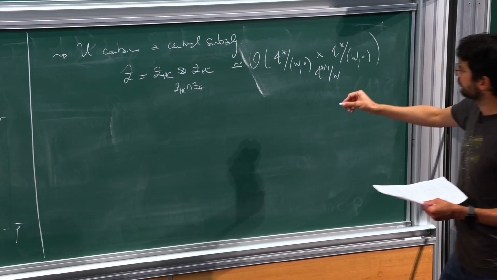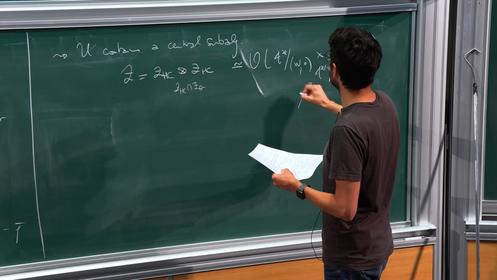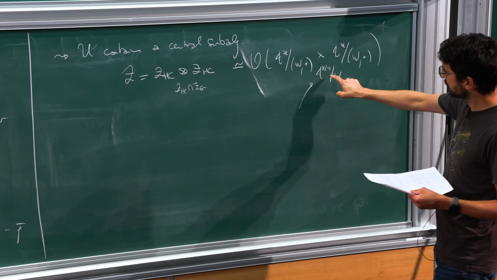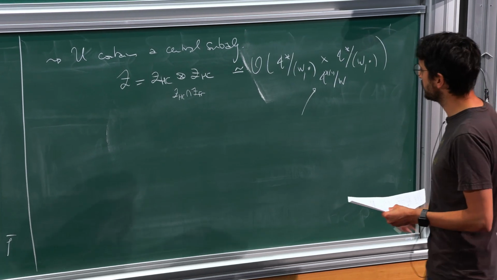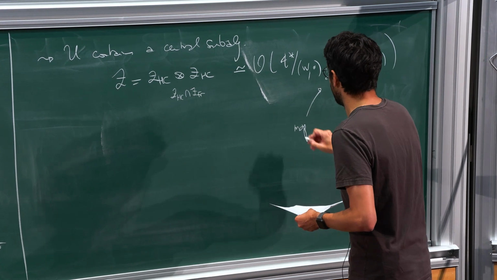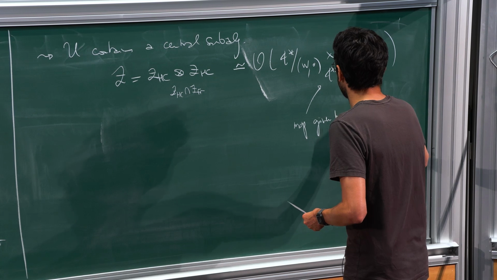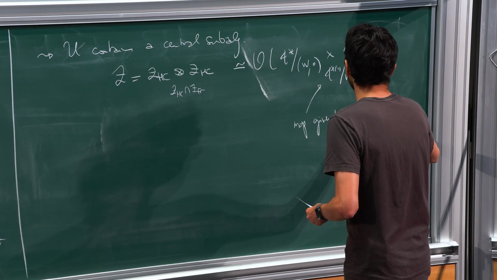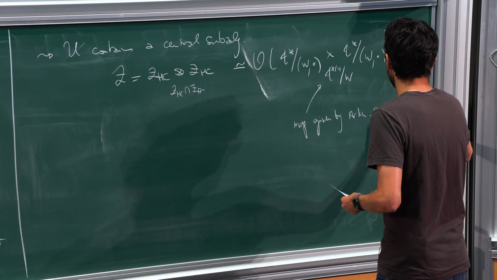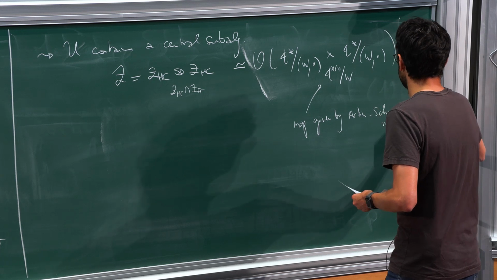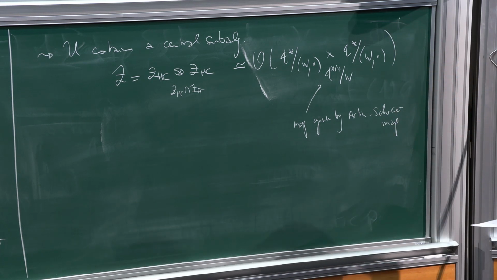And the map from T star mod W dot to T star 1 mod W is given by the Artin-Schreier map. What it is precisely is not so important, but this is something very explicit.